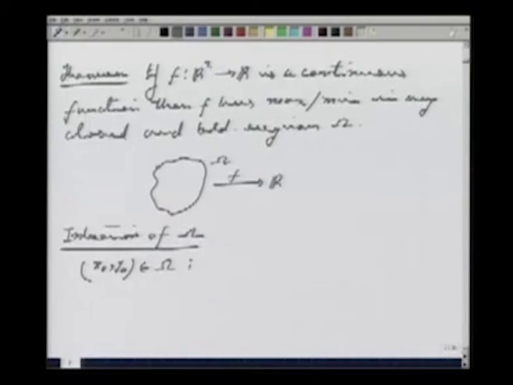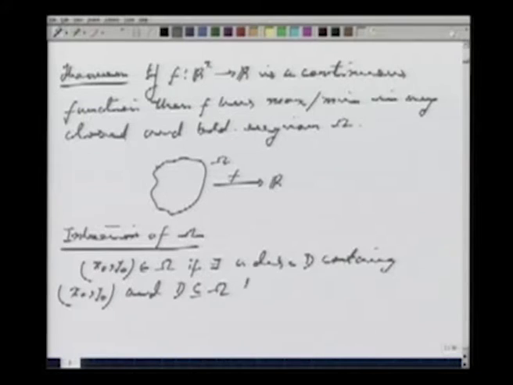If there exists a disk D containing (x naught, y naught) and D is a subset of omega, then (x naught, y naught) is called an interior point.